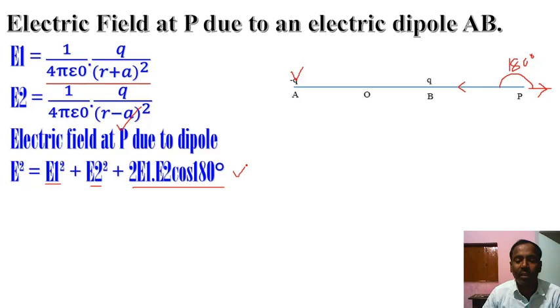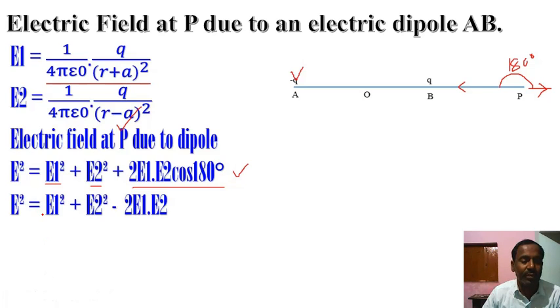Putting the values of E1 and E2, E square equal to E1 square plus E2 square, and we know that cos 180 degree equal to minus 1.